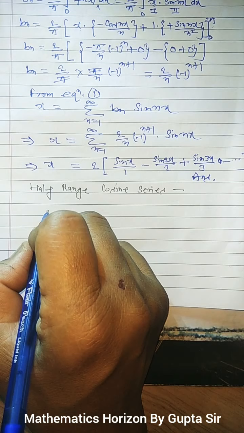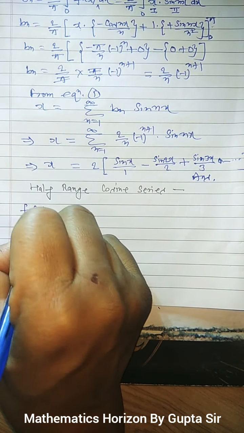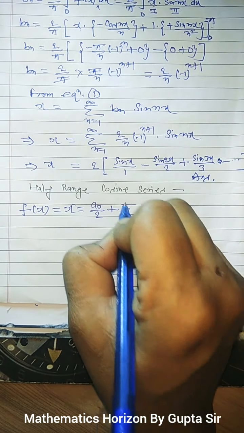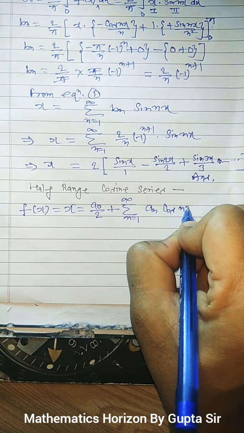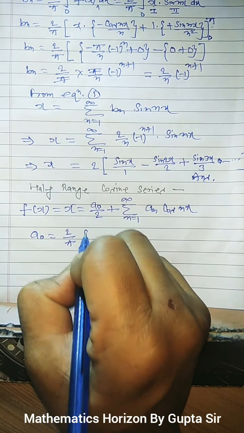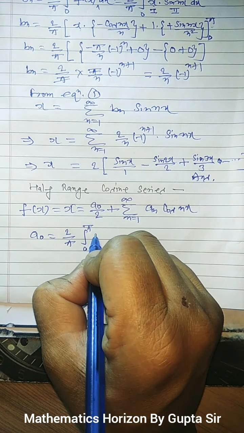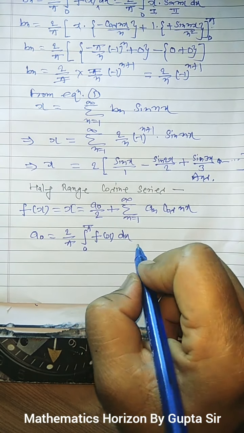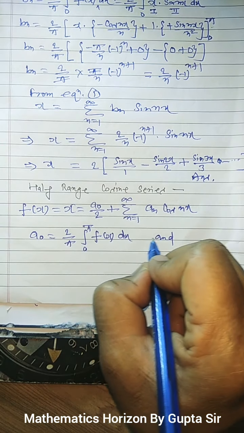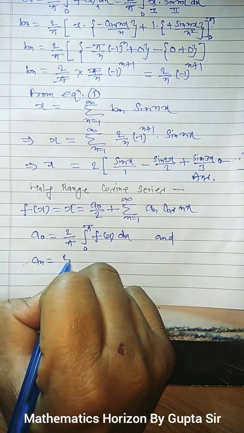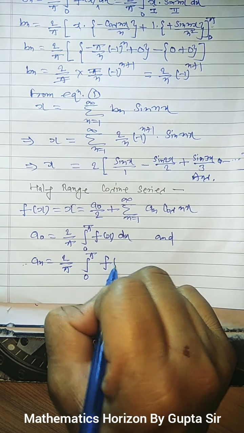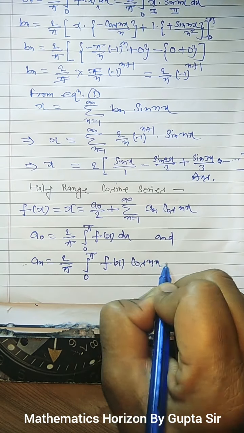Okay, and we know that half range cosine series for this function fx is equal to x is defined by the formula a0 by 2 plus summation n equal to 1 to infinity an cos nx, where formula of a0 is 2 upon pi integral 0 to pi fx dx, and formula for an is 2 upon pi integral 0 to pi fx cos nx dx.